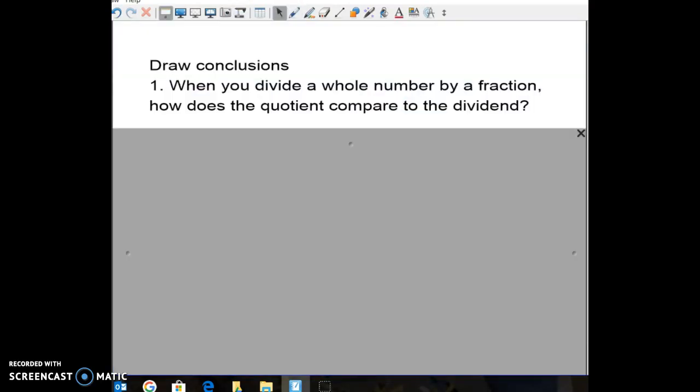Okay, we are now flipped over to page 340, and we're doing the draw conclusion. Remember how our first little blue box said you could use multiplication to help you check your division, or inverse operations. It says, when you divide a whole number by a fraction, how does the quotient compare to the dividend?